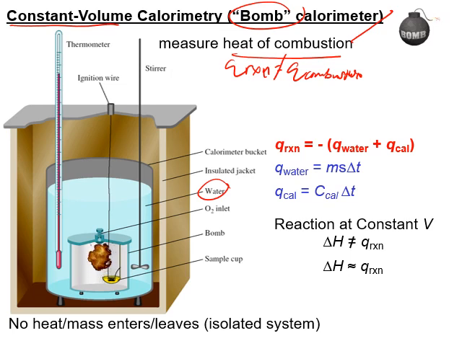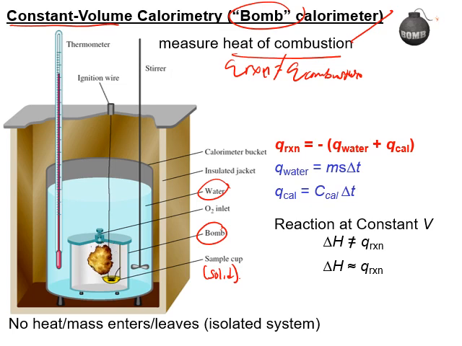You will see immersed in the water we have a bomb. This is a stainless steel bomb, and inside the bomb we have a sample cup. The sample cup is where you put your sample. You can see that we are not using any liquid sample or gas sample. The sample that you put normally tends to be in solid form.